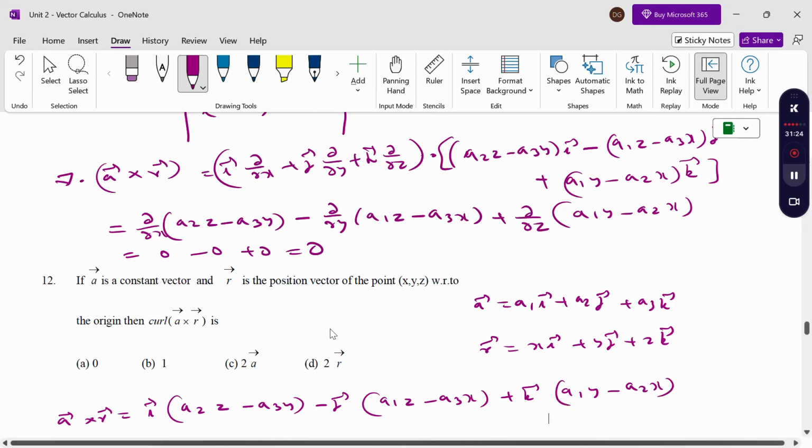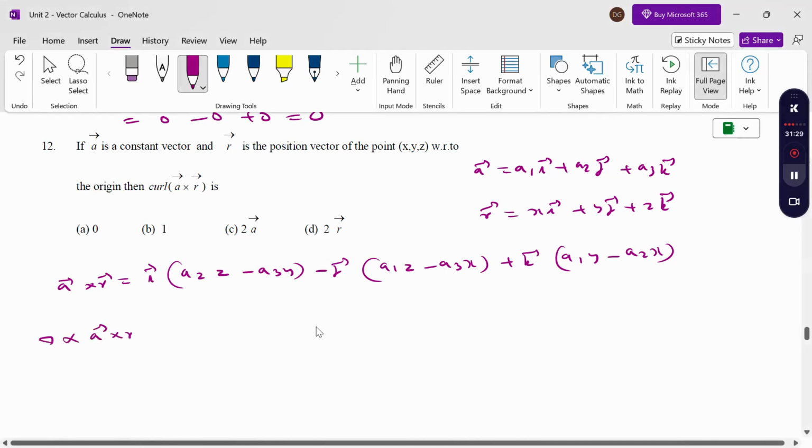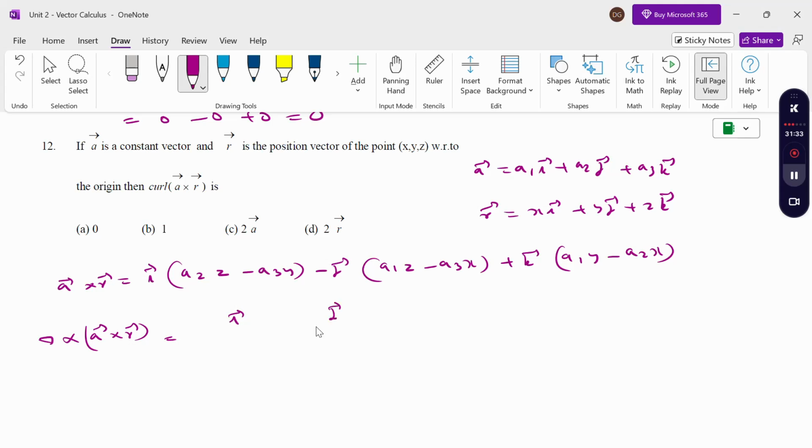Therefore curl is nothing but del cross A vector cross r vector. Therefore i vector, j vector, k vector, dou by dou x, dou by dou y, dou by dou z. The first term a2z minus a3y, second term minus, when I multiply inside, a3x minus a1z, the next term a1y minus a2x.